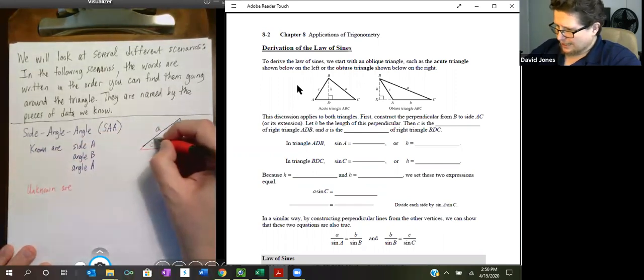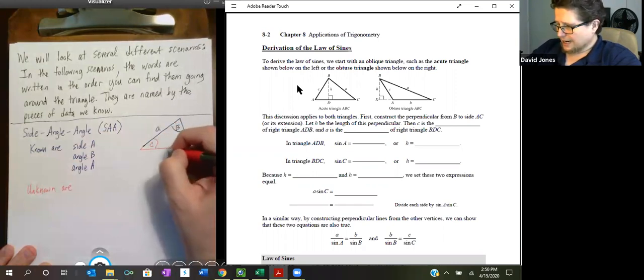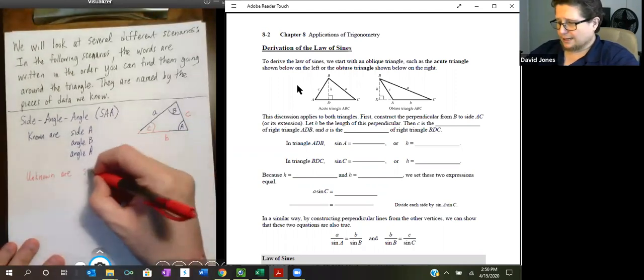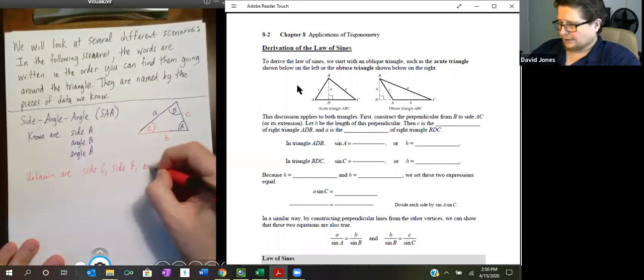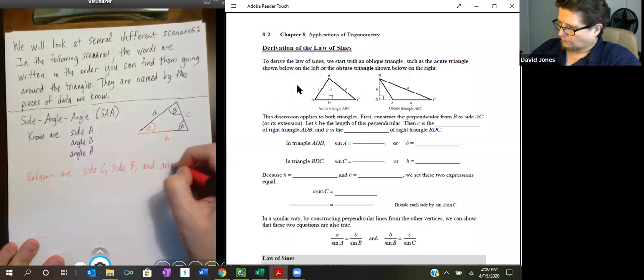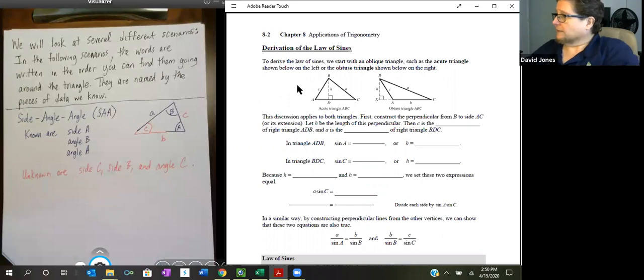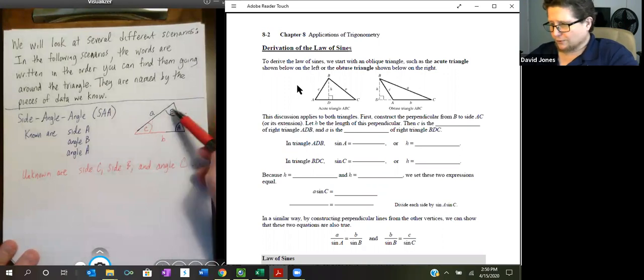This is angle C, unknown. Side c is over here, and side b is over here. So unknown are side c, side b, and angle C. When I say we're going around the triangle, we know this side, this angle, and this angle.